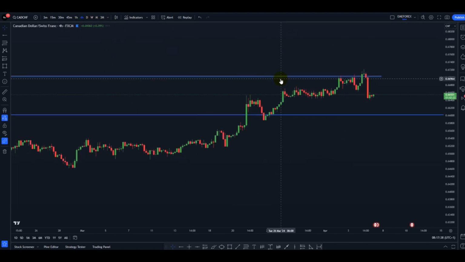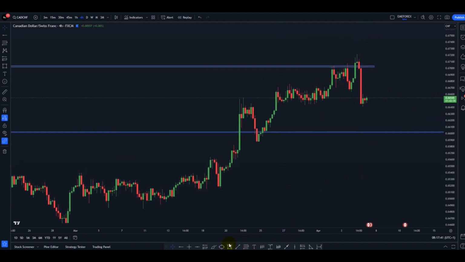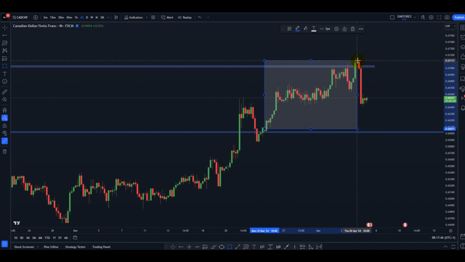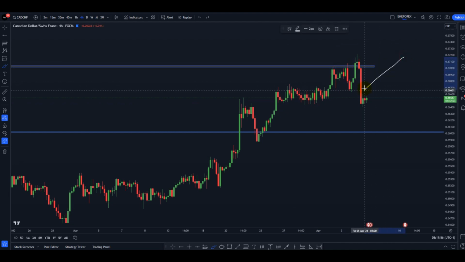If we look at the 4 hour chart now, we'll see that price has been losing momentum since it got to this level, and it has been like a back and forth between whether we're going to have a buy or a sell. You can see how we've been moving correctively, and finally we've had this strong drop in price to wipe out all of this. So we could potentially hit this low here. What are we looking at?